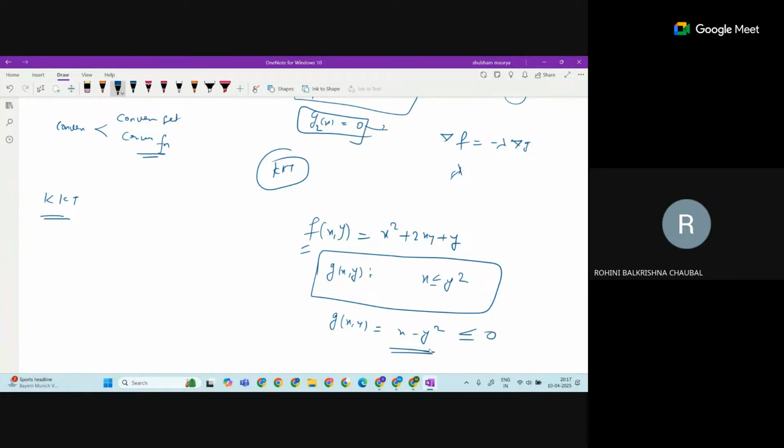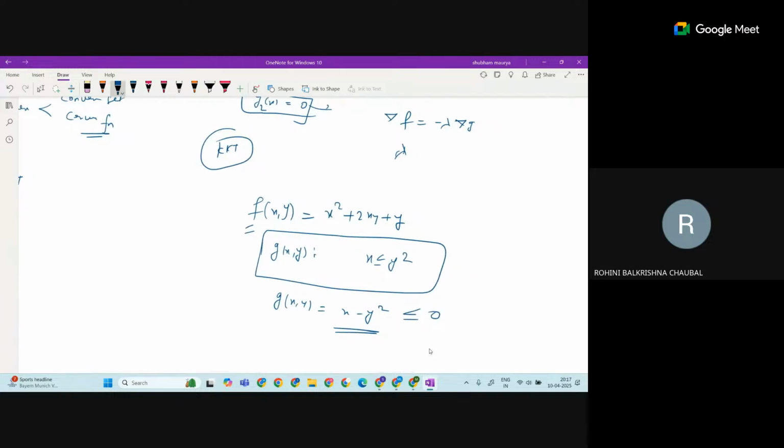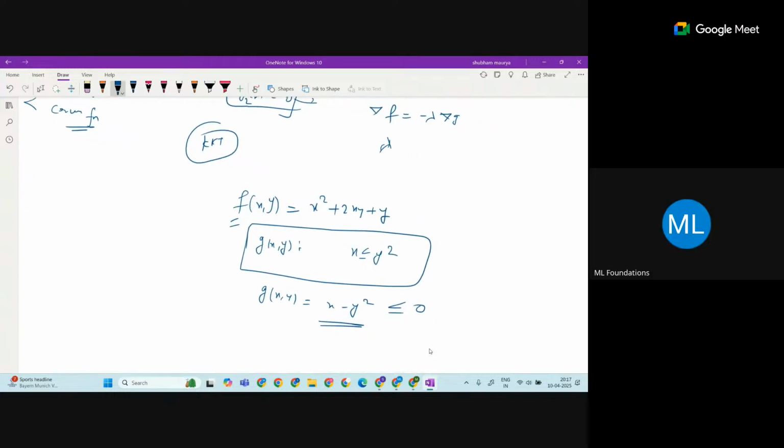And x less than y square is one of the constraints on x and y, no? Earlier we usually have the values of x1 and x2 less than or greater than 0 or something like that. Instead of that, we have here x less than y square. Yes.